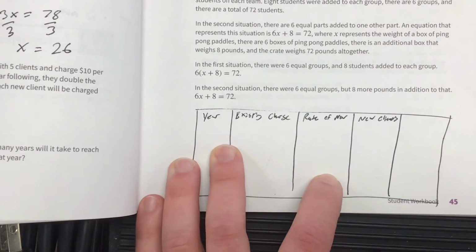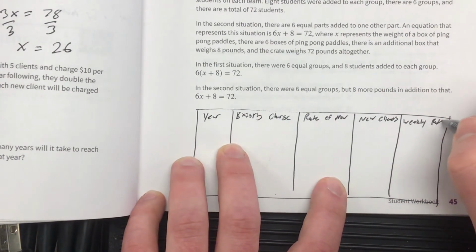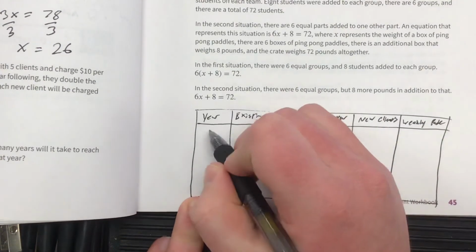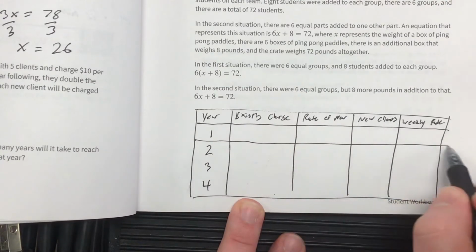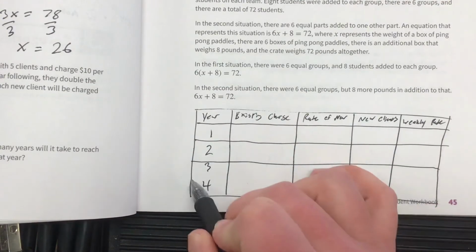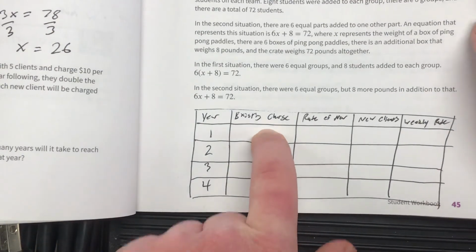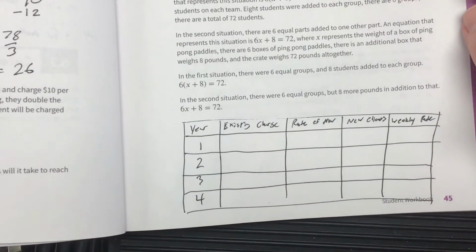And then our last column is going to be the weekly rate. All right. So this is what our table setup should look like.